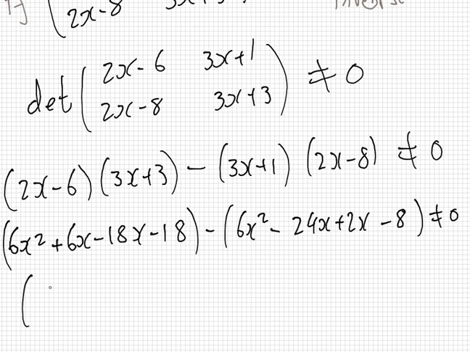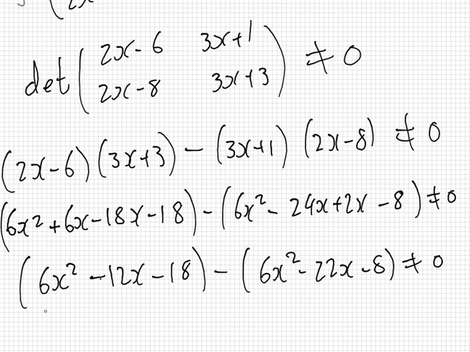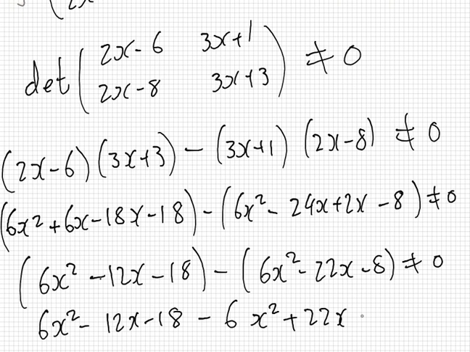So that will be 6x squared minus 12x minus 18, minus 6x squared minus 22x minus 8, not 0. So I have 6x squared minus 12x minus 18 minus 6x squared plus 22x plus 8, not 0.